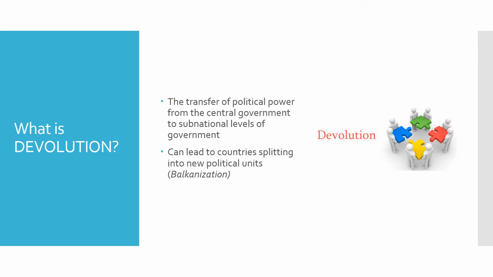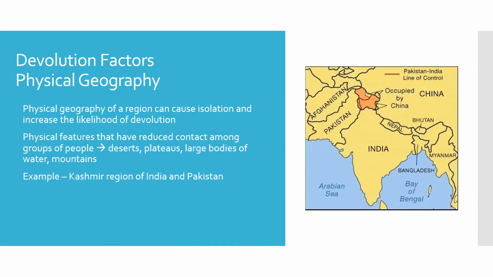But again, the bigger story here is devolution, which is basically your puzzle that is together, but now it starts to break apart because different powers that once were held by the national government or the federal government are now moving across to state and local governments. So our big question here is establishing why does this happen?